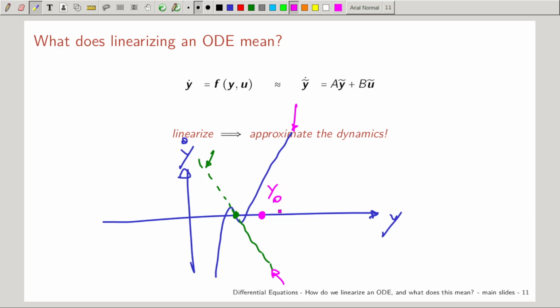Right or left? Right. Given the approximated model, where do I go? Right or left? Left. You see that linearizing an ODE will affect the trajectories that you generate. So the linearization is not just a linearization of a function, but a linearization of all the trajectories of the system. The effects might be dramatic.